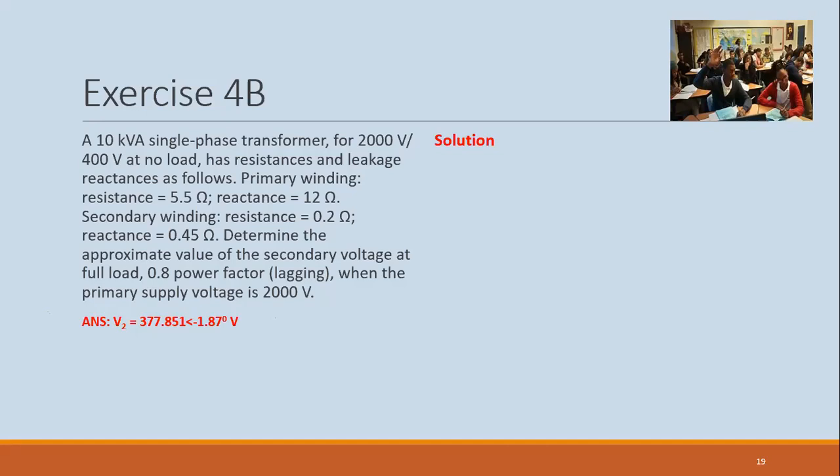The secondary winding resistance is equal to 0.2 ohm and the reactance is 0.45 ohm. So you're asked now to determine the approximate value of the secondary voltage at full load, 0.8 power factor lagging, when the primary supply voltage is 2000 volts.